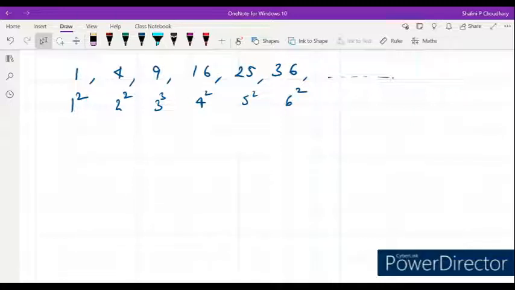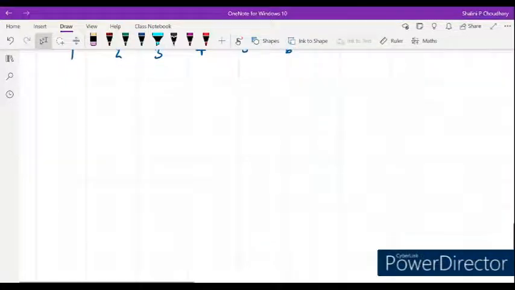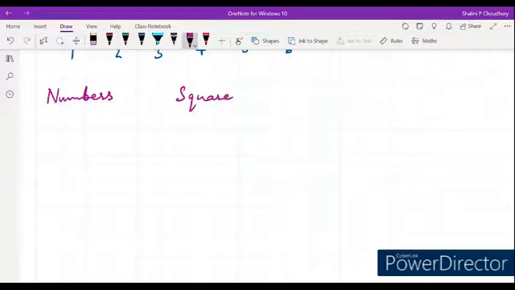Okay, so let's start. First of all we'll write the numbers here, and here we'll write the squares. Numbers and squares. 1, square of 1 is 1 only.